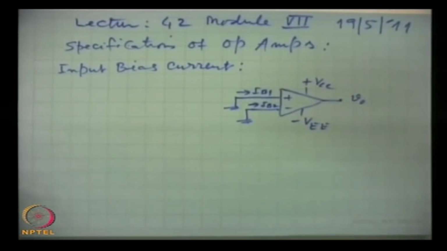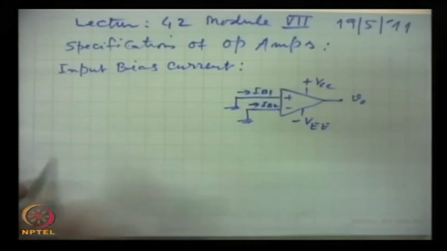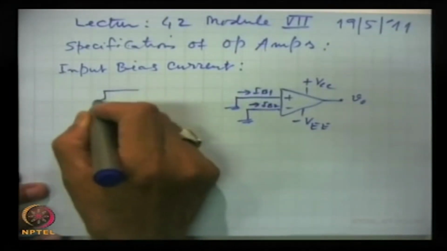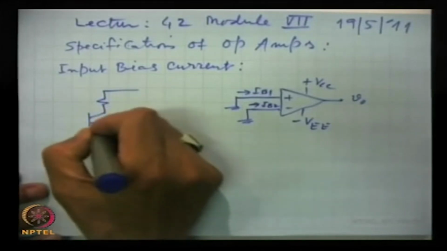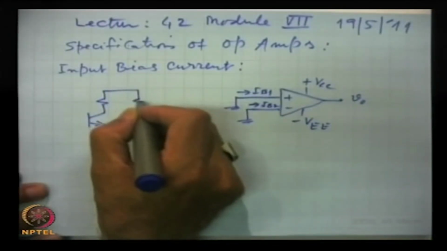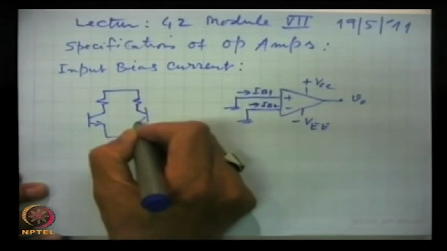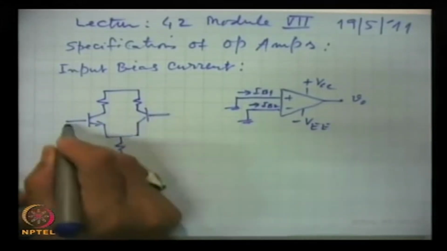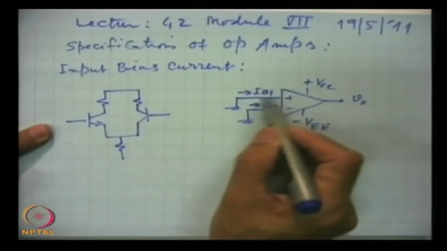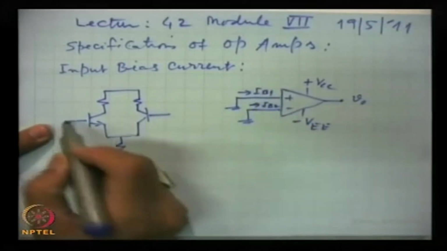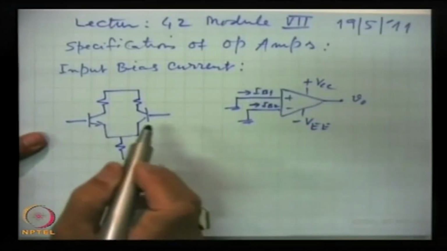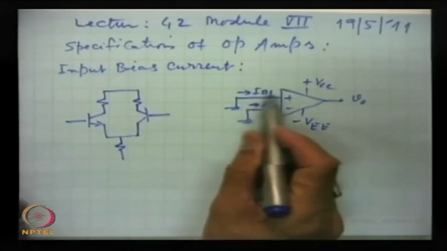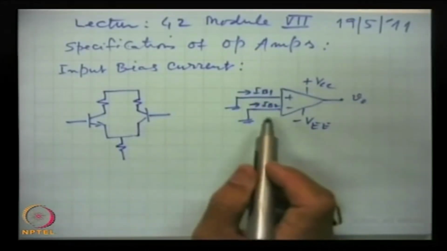In spite of the fact that both these inputs have been grounded, some currents flow, they go to the base region. You remember that the first stage of the op amp is a differential amplifier. So, these are the two bases. That is why it is called base current. This one is the inverting input, the other is the non-inverting input. So, some currents flow in these bases.